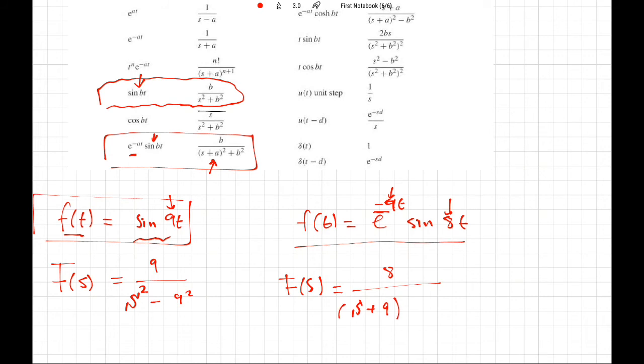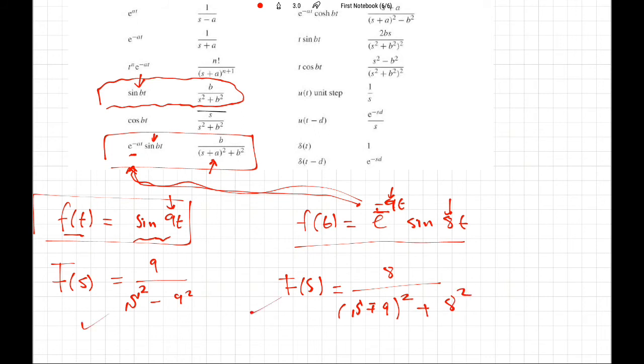If this was positive 9, you would replace it with negative here. But if you can see, this exactly matches with this, so no need to change any sign. Be careful with this. Plus 8 square, and this is your transformation.